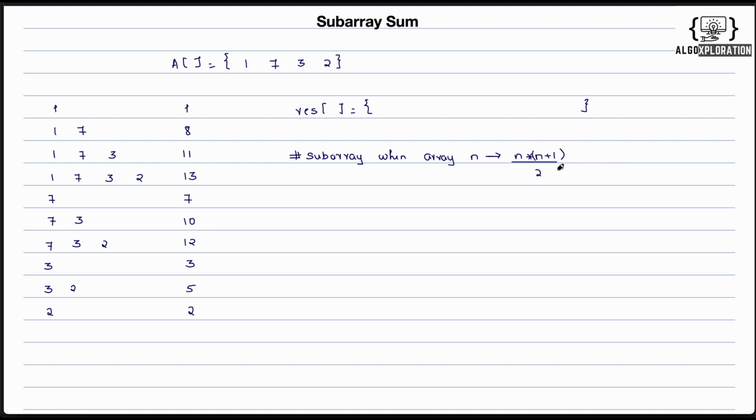Here n is nothing but the size of the array. So for this array, the size is 4, right? So 4 into 5 by 2, that will be 10. So the number of subarrays when the array size is 4 will be 10. So we have to create the resultant array of size 10. Okay. Now let's see how we can find this sum.